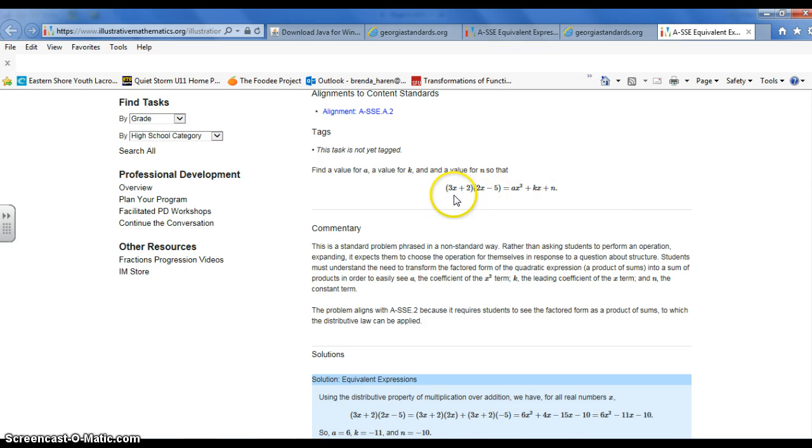Again, it's just taking 2 factors, or a quadratic in factored form, and having students then determine what is the coefficient for the quadratic term, the linear term, as well as the constant. So it's just really a non-standard way of assessing student understanding of how to expand a factored form of a quadratic.